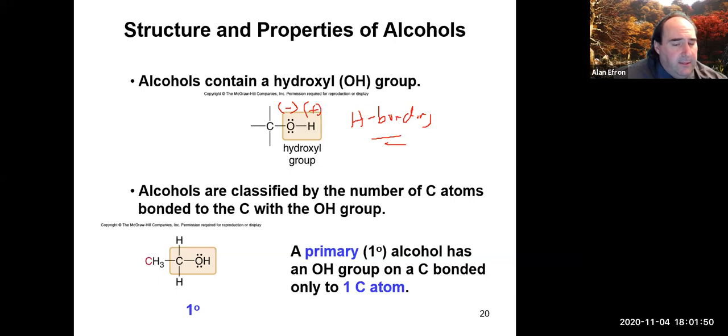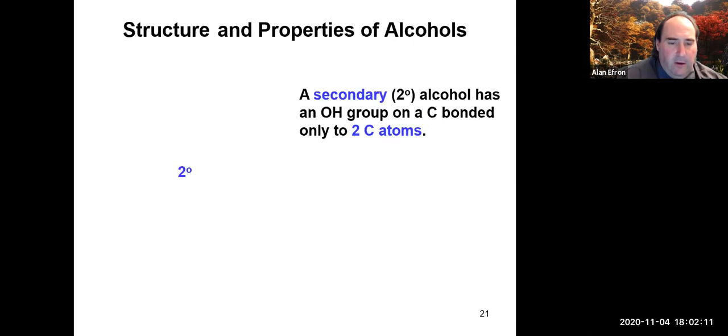The important thing to look at is the carbon that has the OH group attached to it. Attached to that carbon is one more carbon directly attached, and that is what refers to a primary alcohol. So the carbon that has the OH group attached to it has one more carbon attached to it, and that makes it a primary alcohol.